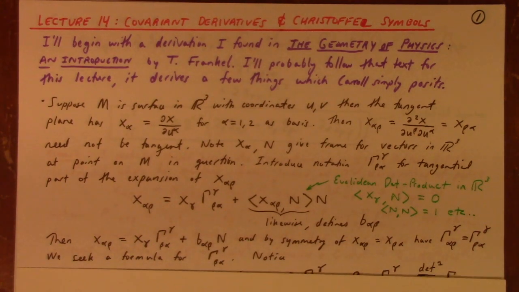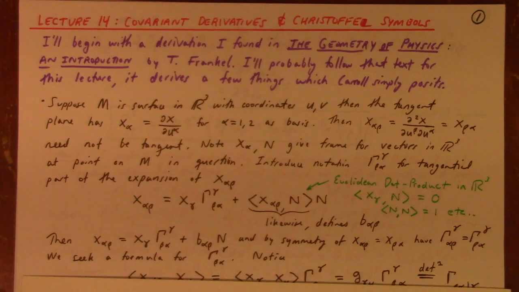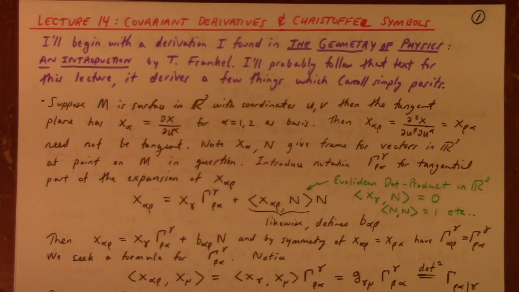So the acceleration then, you've got two pieces, this piece and that piece. And first of all, by symmetry of the commuting partials, we get that these coefficients are symmetric in their lower indices, right? And we want to find a formula for those, okay? So let's get to that.